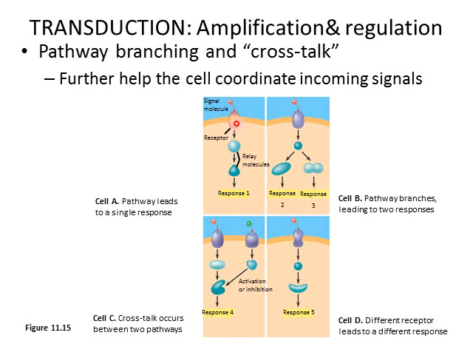So once the ligand is bound to the receptor, that will then activate or transduce into the activation of relay molecules within the cell. What they're trying to show here is that sometimes when we have the activation of these relay molecules, we can trigger one response, or we can trigger multiple responses using multiple relay molecules.